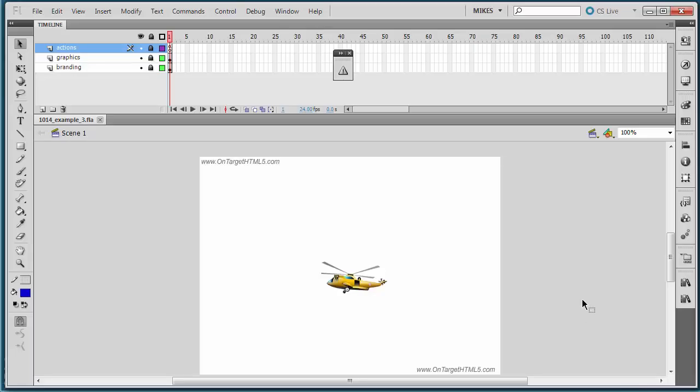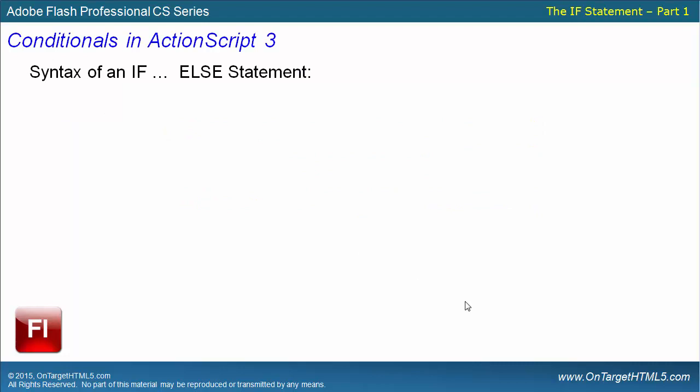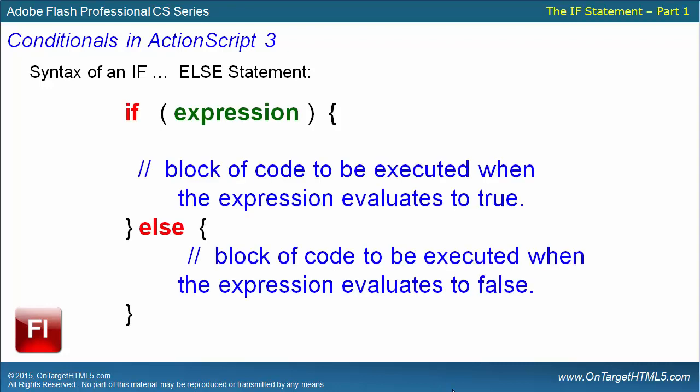All right, so let's drop back down into our presentation for a minute because I want to go over the syntax for that if-else statement that we used in the demonstration. So the syntax of an if-else statement, which was the last example we saw in this demonstration: we have the if statement itself with our expression that must evaluate to true. Then we have a block of code to be executed when the expression evaluates to true.